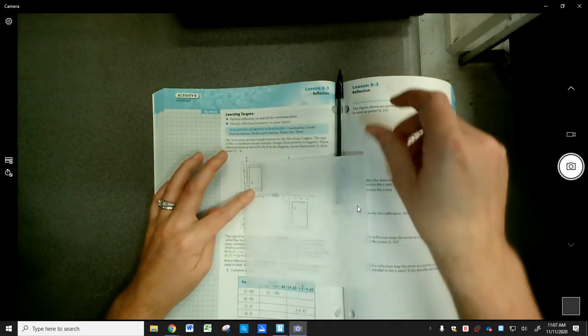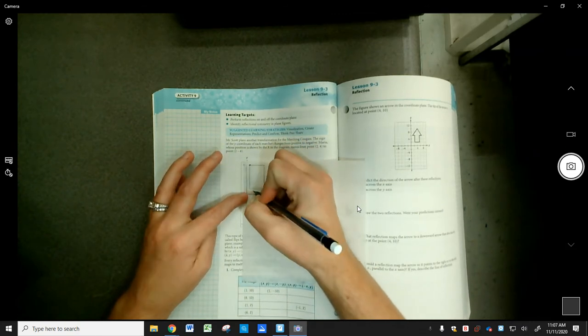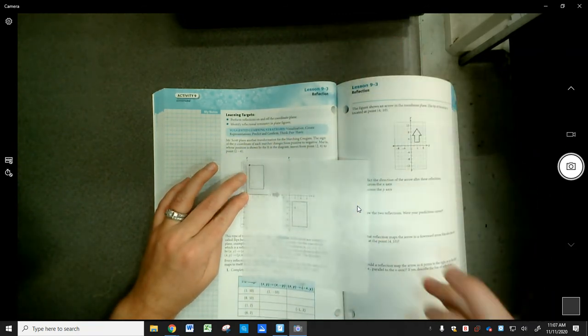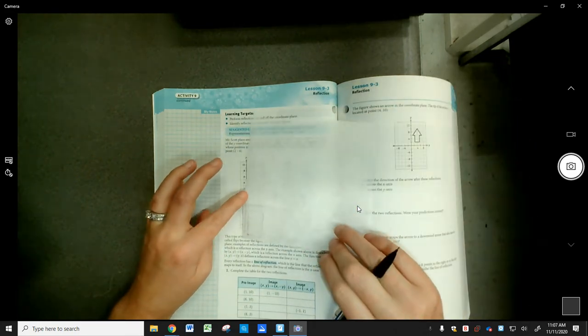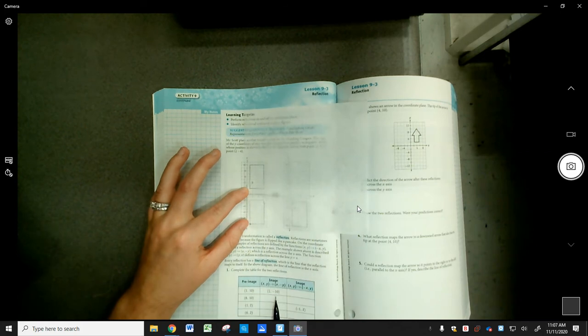If you check, this top left point currently is at (1, 10). When we make this figure flip over, it ends up at (1, -10), which is exactly what we had in our chart.